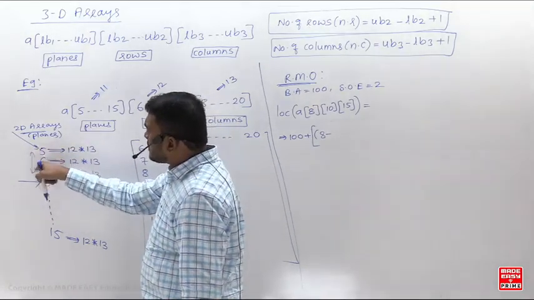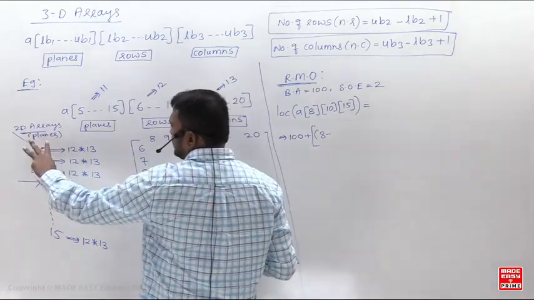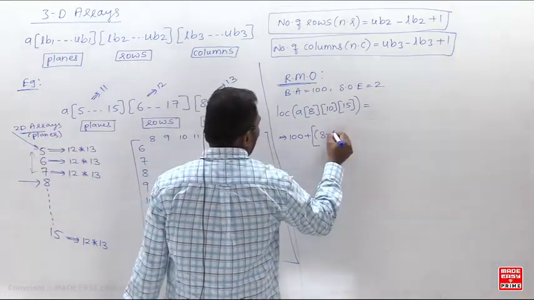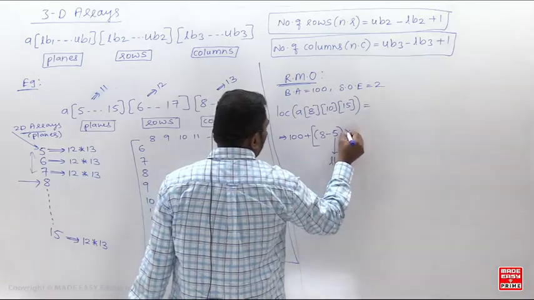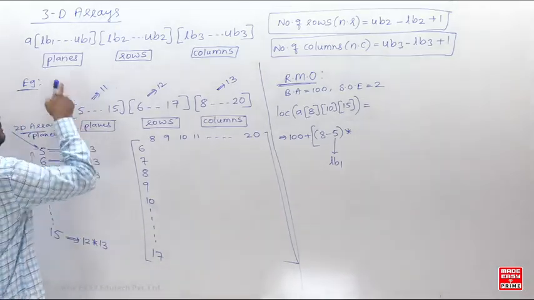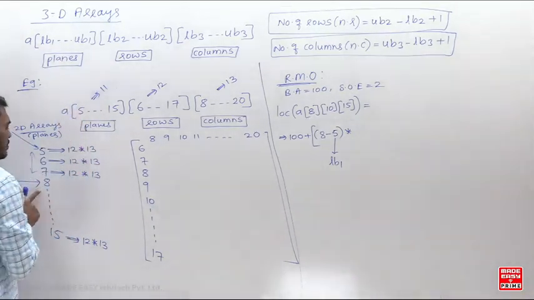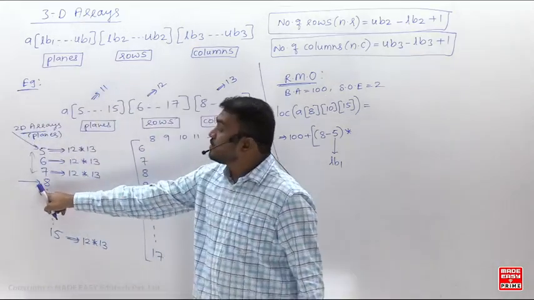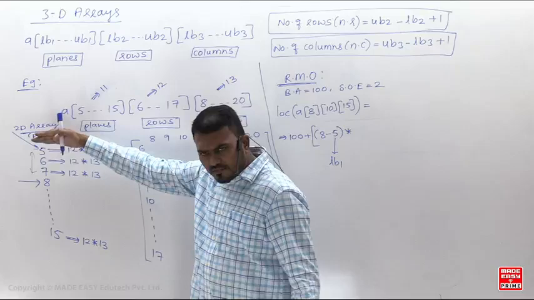It means how many 2D arrays are there here? 3 2D arrays are there. Remember, that is 8 minus 5 2D arrays you have to cross. What is this 5 here? That is LB1, the first lower bound. So going to the 8th 2D array means crossing 8 minus 5 2D arrays.